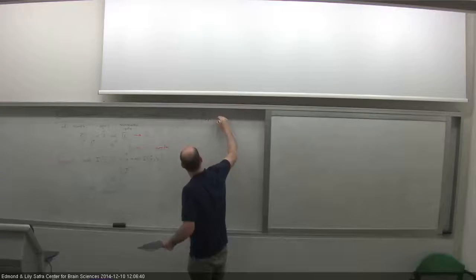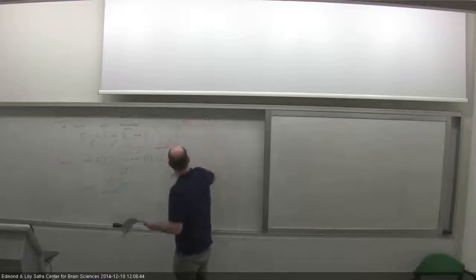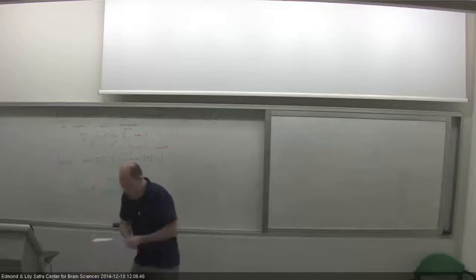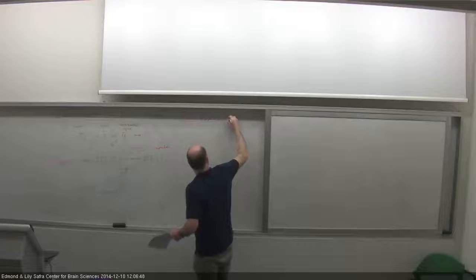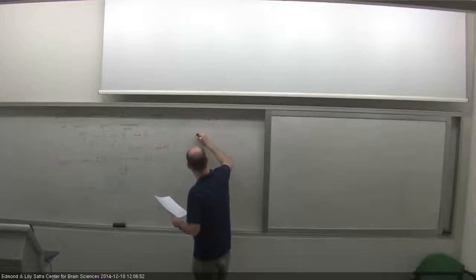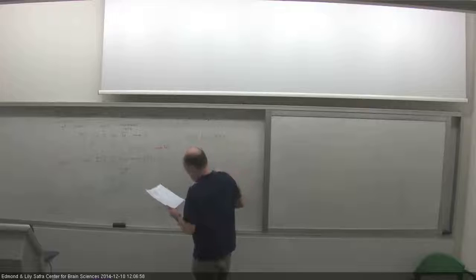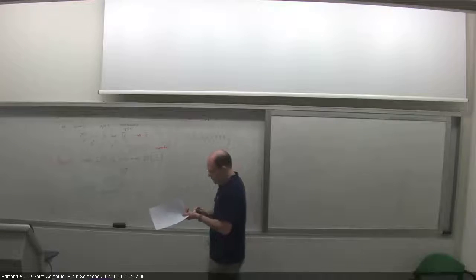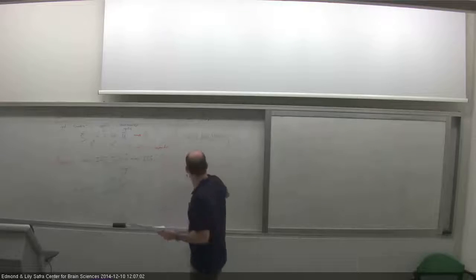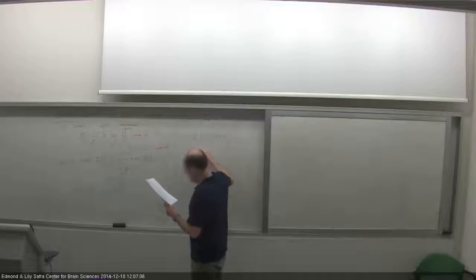Find a W such that the average of ui times h of uj is delta ij, where the function h of u is related to g of u by the following equation.